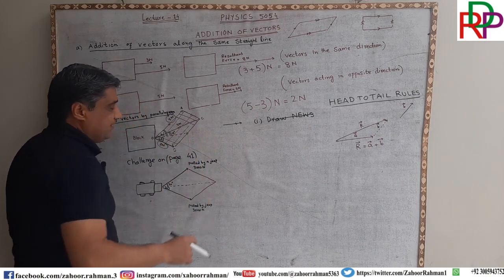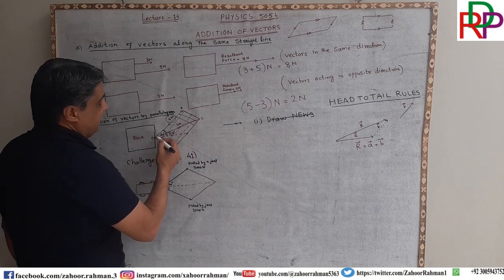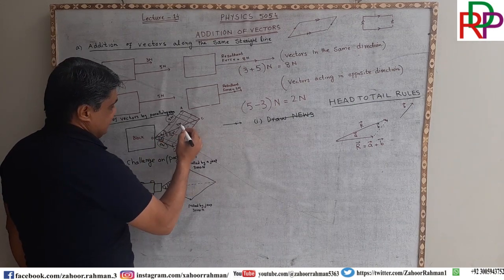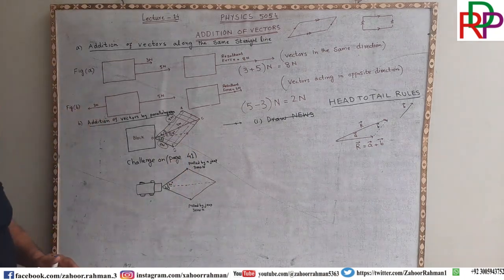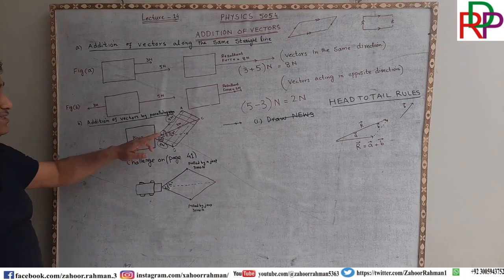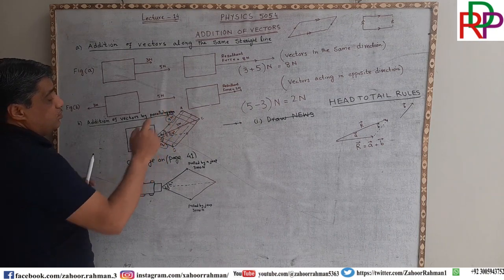the scale you have in your geometry box, then you will find that this is a 7, and because it has a double arrow, it means that this is the resultant vector, and the resultant vector is showing the overall effect.